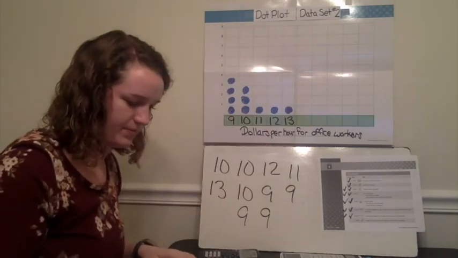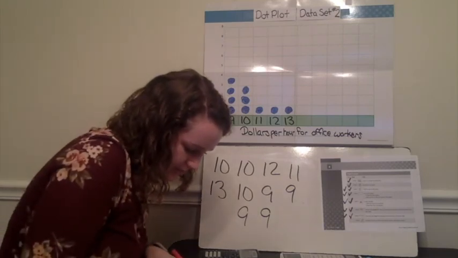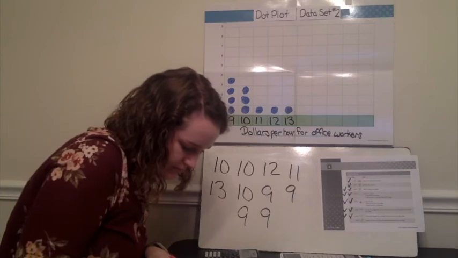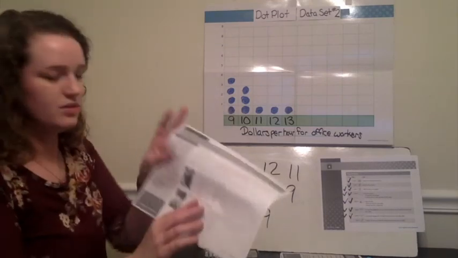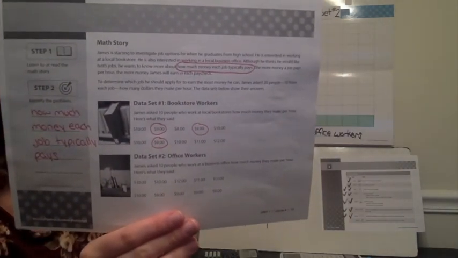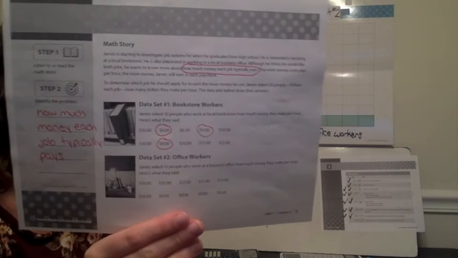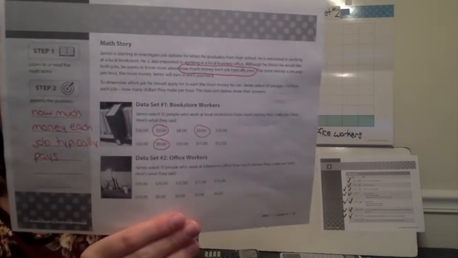Let's look. I think I see a couple. I'm going to circle them for you so you can see them right here. They do pay people $9 an hour. They pay 3 people $9 an hour.